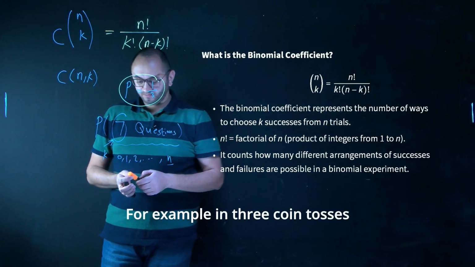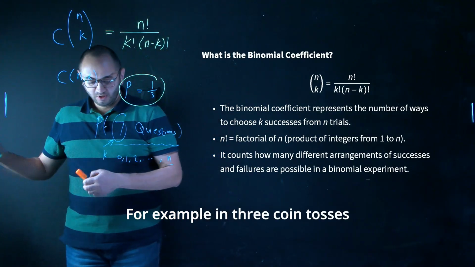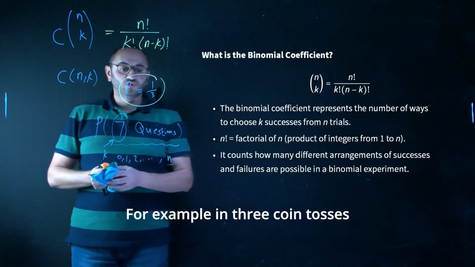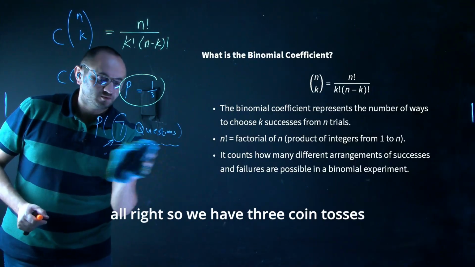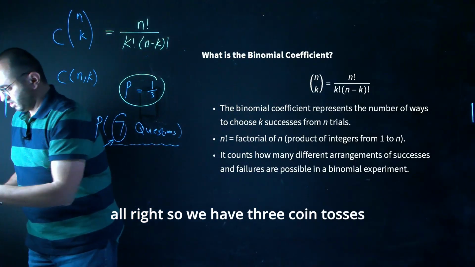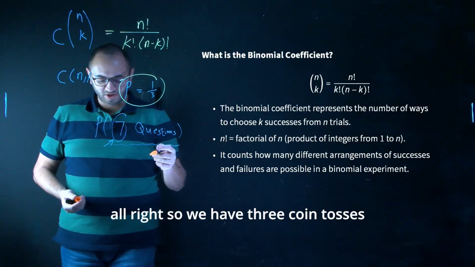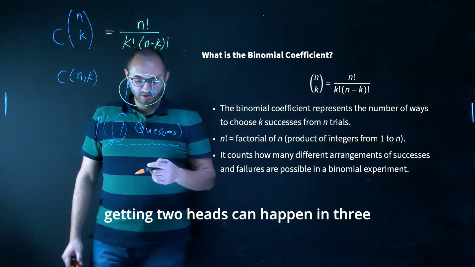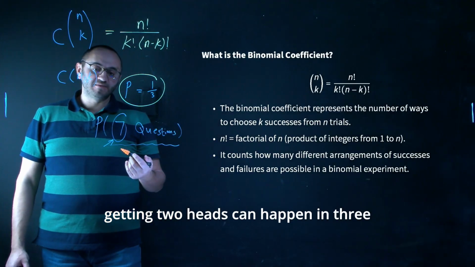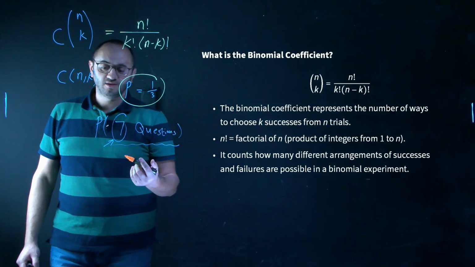For example, in 3 coin tosses, all right, so we have 3 coin tosses. Getting 2 heads can happen in 3 different ways, right?